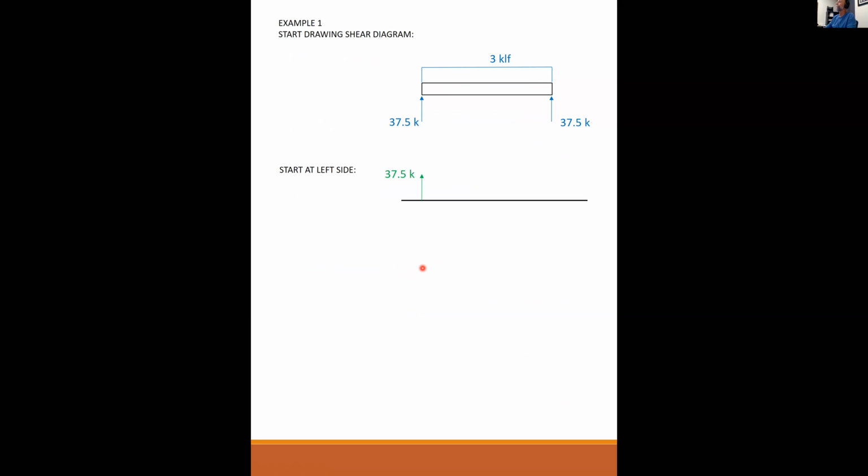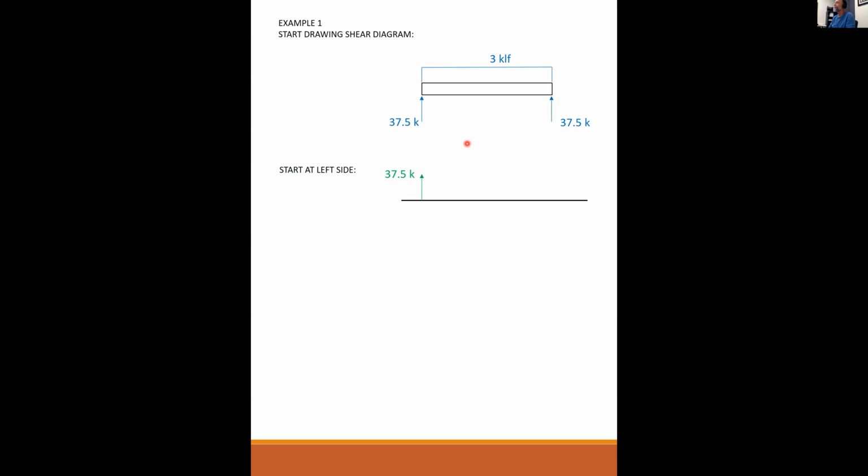Okay, we were right here. So the change in the shear diagram from A to B is equal to... Almost, very close.